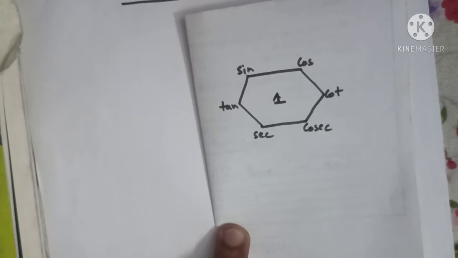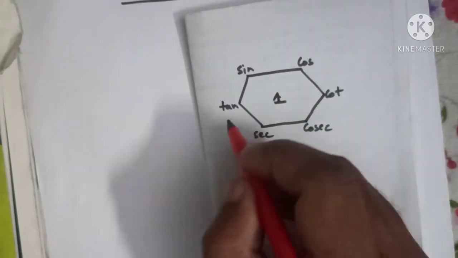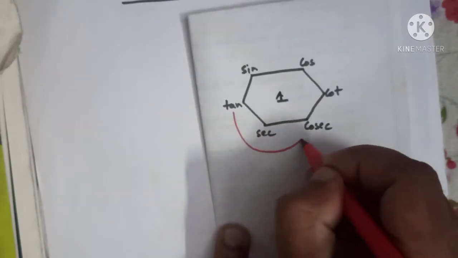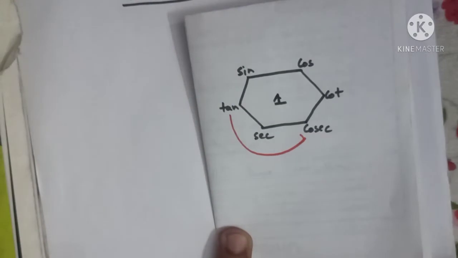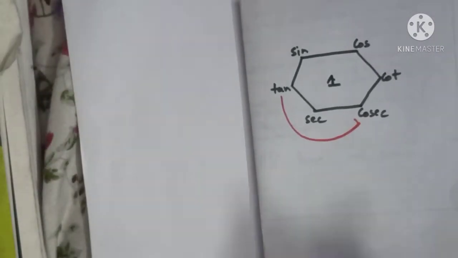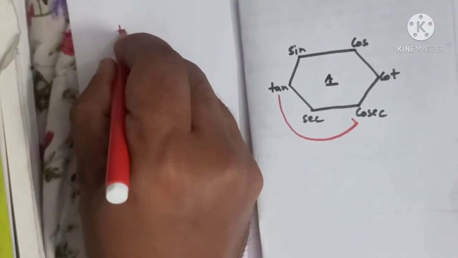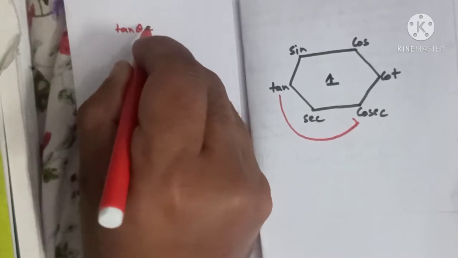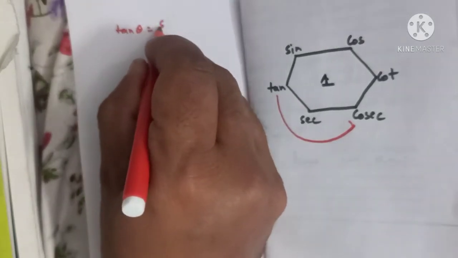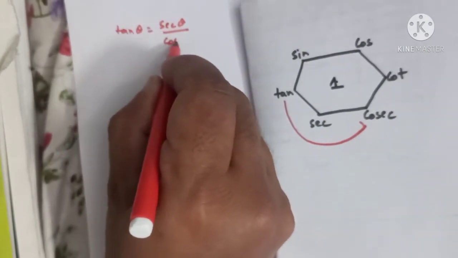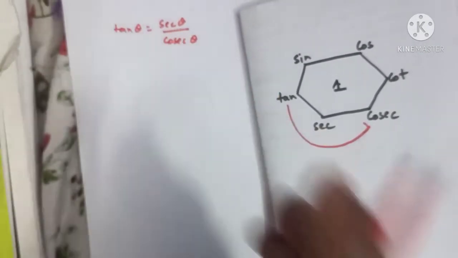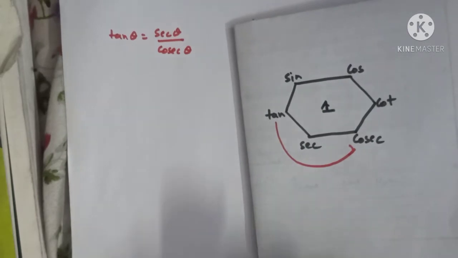If we move from tan theta to cosec theta, tan theta is equal to sec theta upon cosec theta.